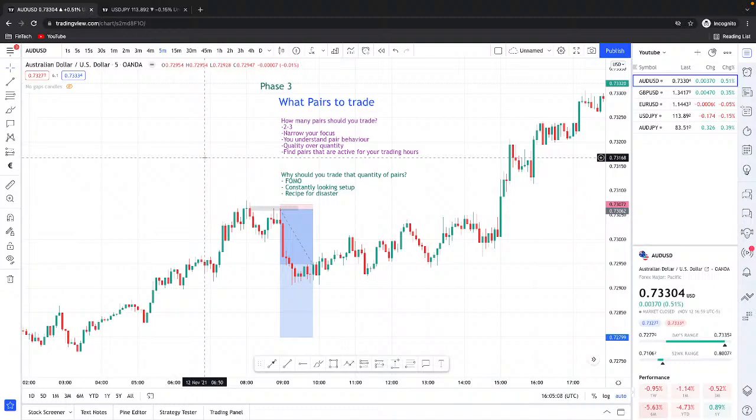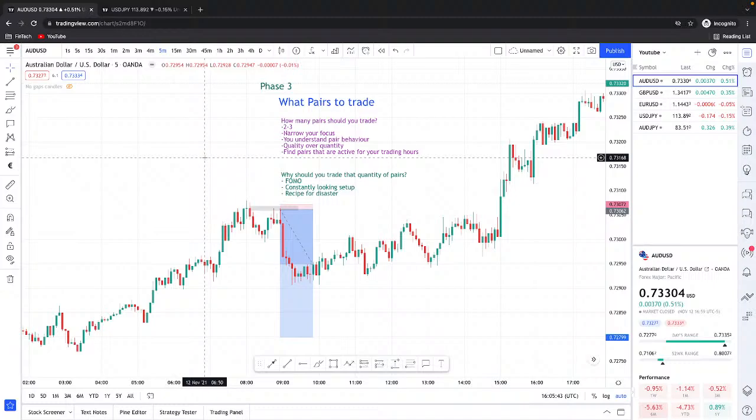My firm belief is that I cannot give my 100% to more than 2 pairs at a time. If your focus is not 100%, you should not risk your capital. If you are not there in the market with 100%, why would you throw your risk capital in the market? That's the first thing.